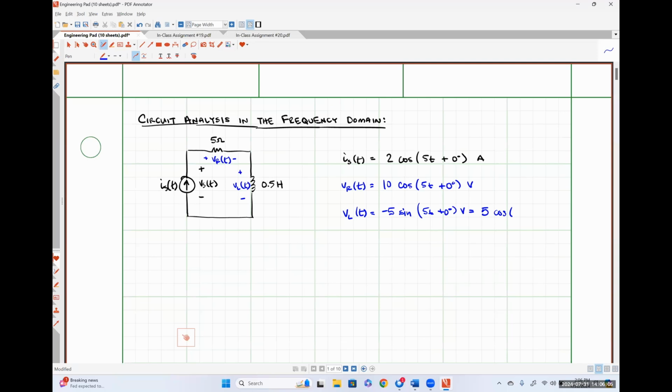So let's see, add 180 degrees, subtract 90 degrees. So this would be positive 5 cosine 5t plus 90 degrees volts if we were so inclined.